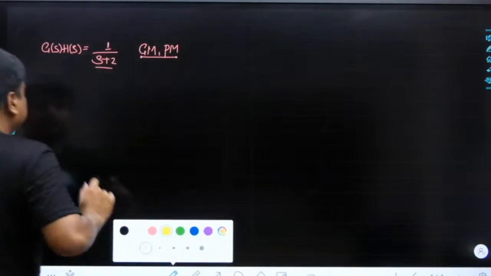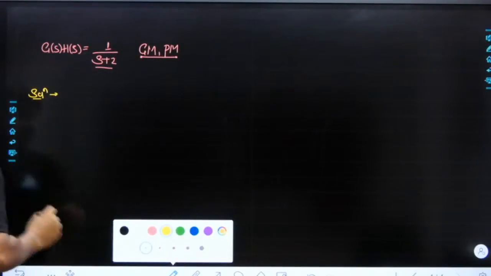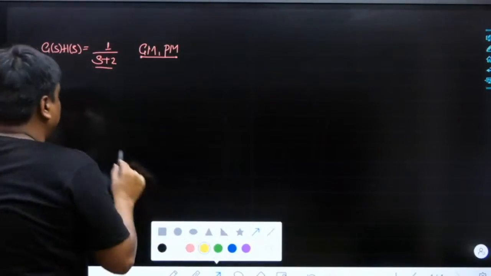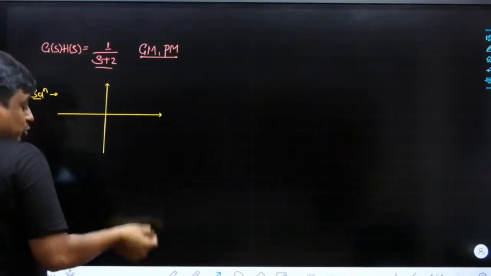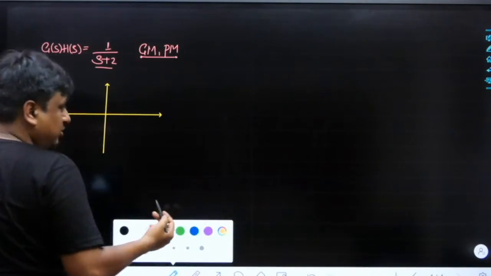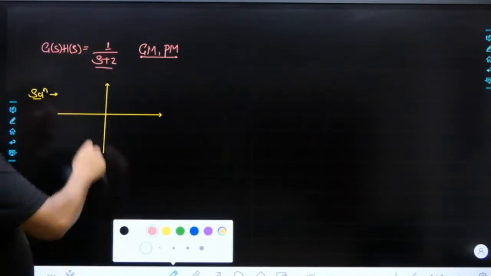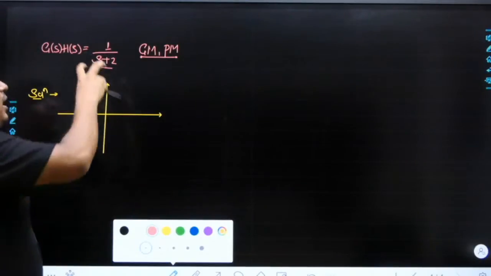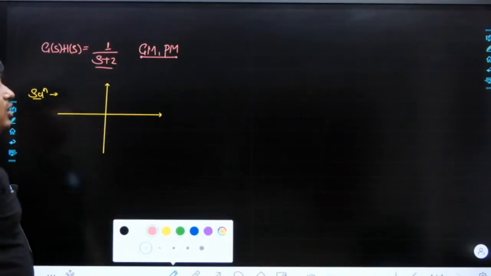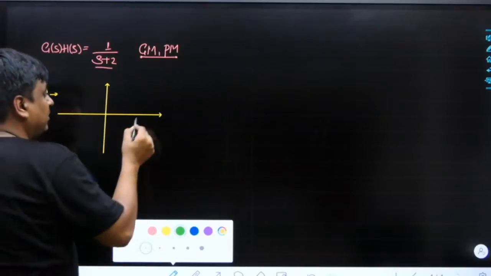I would say stick to your basics. First draw the polar plot, and then its extension, which is the Nyquist plot. What would be the initial angle? The initial angle is going to be 0 degrees, and as omega increases, the magnitude keeps shrinking while the angle becomes more and more lagging. As omega reaches infinity, the magnitude becomes 0 and the angle is minus 90 degrees, as we have seen earlier.